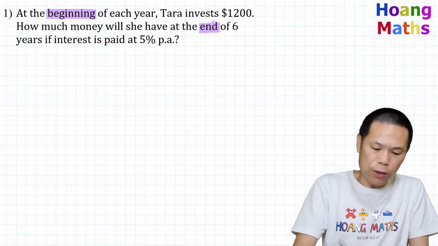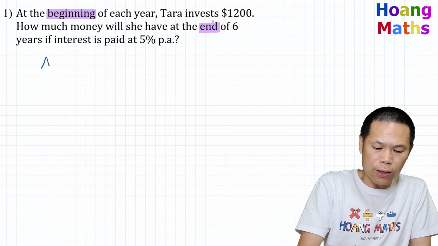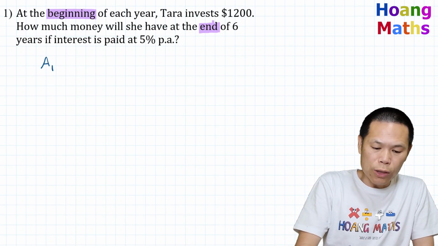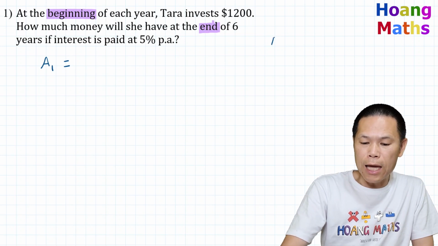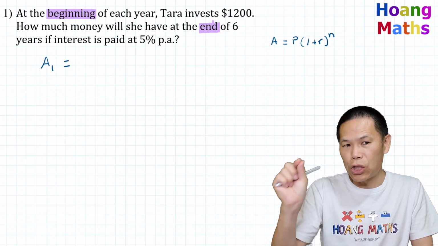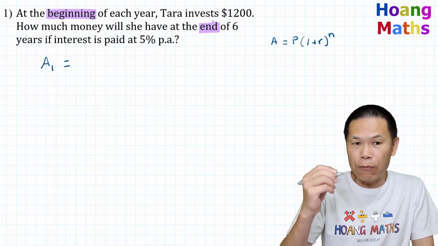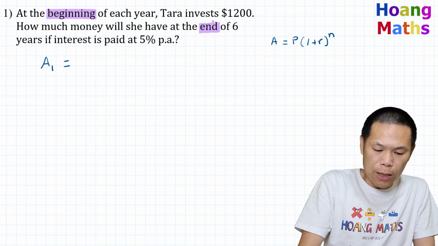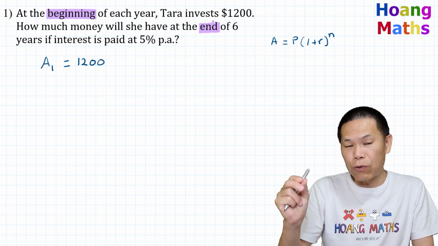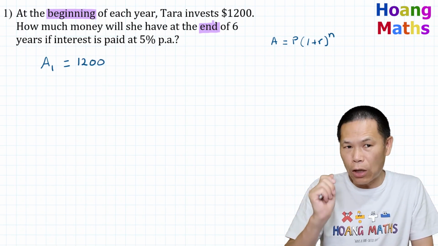So first of all, we'll find out the first deposit, that means at the end of year one. So we use compound interest. Remember, A is P times (1 plus R) to the power of N. In this case, N is 1 because we work out 1 year at a time. At the beginning, she put $1,200 in, so by the end of the year she will get 5% on top of that.